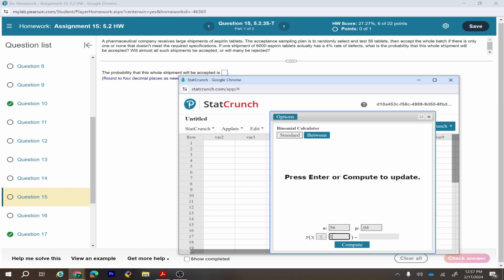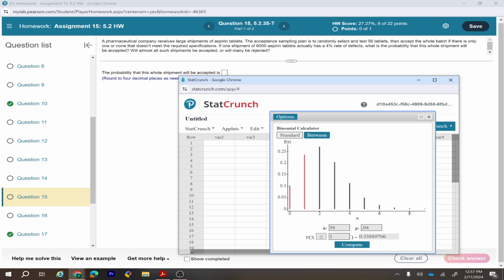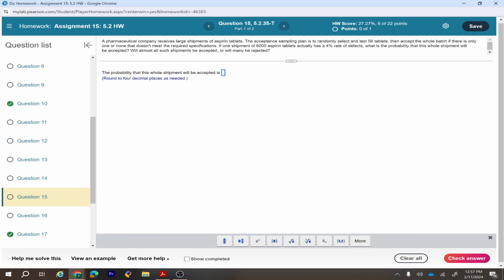This is the probability that 0 or 1 tablets are failures out of those 56 tablets. This is 0.3388, so if you round it to 4 decimal places, it would be 0.3389.